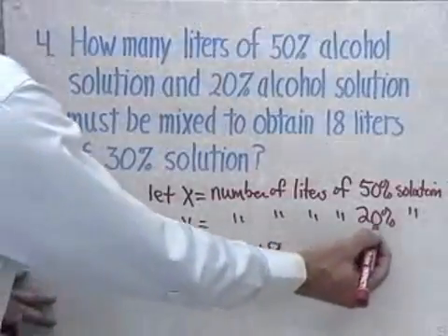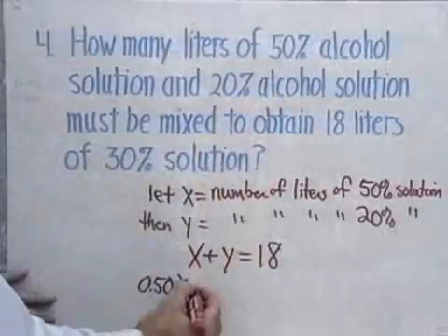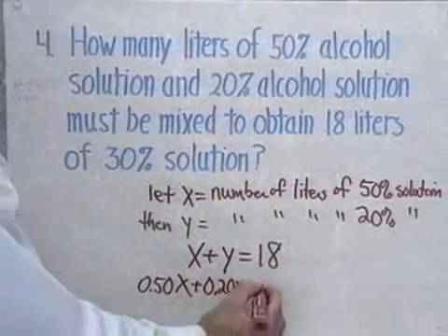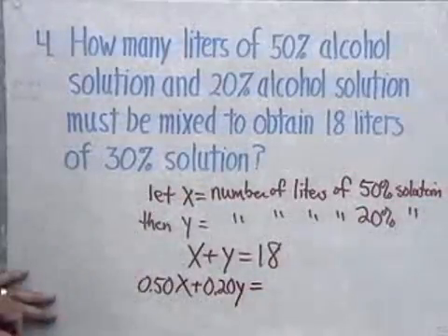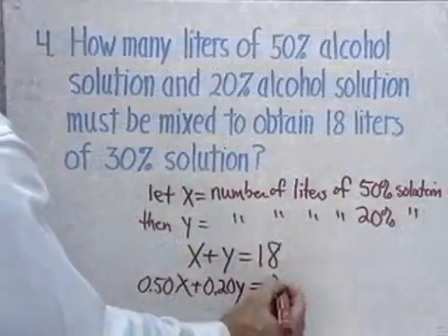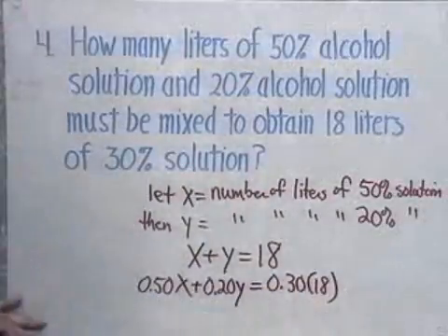This Y liters that's 20% alcohol, only 20% of it is alcohol, so the amount of alcohol in that solution is 20% of Y. Now that has to come out to be a 30% solution, and I have 18 liters of it, so the amount of alcohol in that 18 liters is 30% of 18.